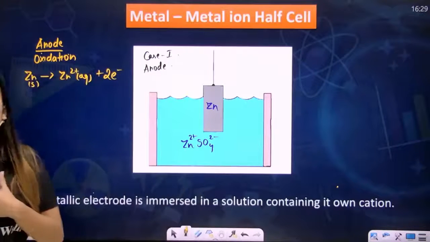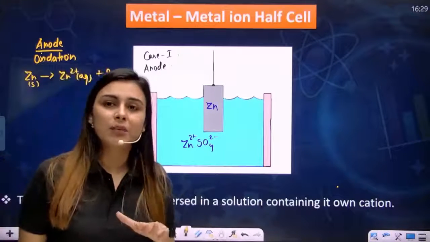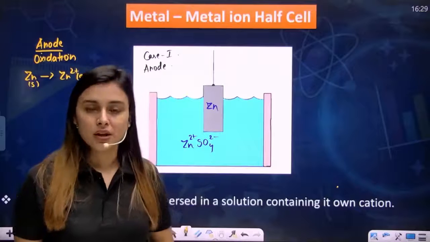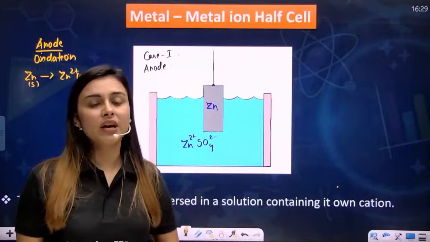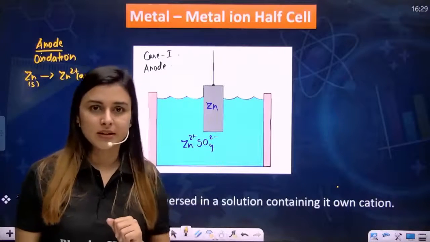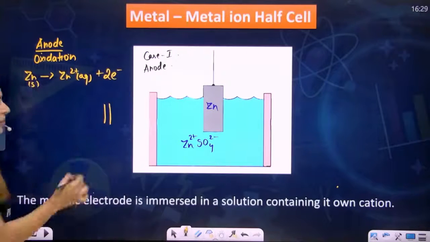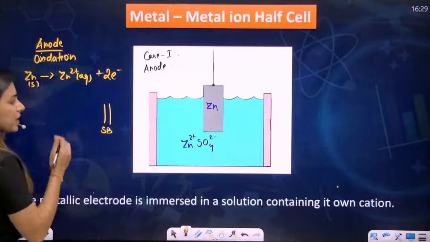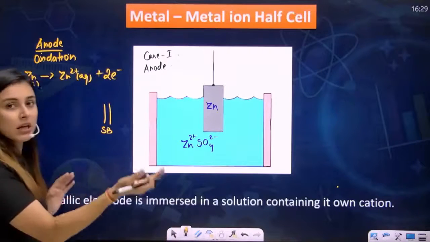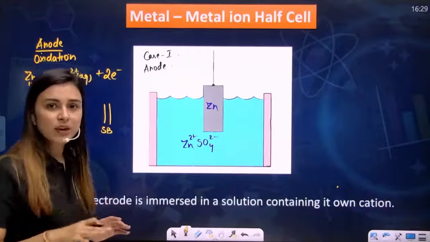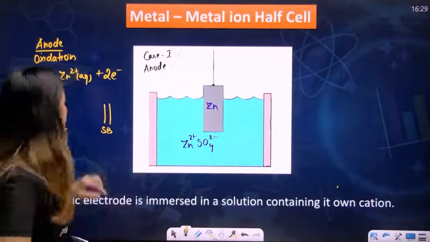Now, if I ask you to only represent the anodic half cell reaction, how are you going to represent it? You can represent it by drawing the double line for the salt bridge. I'll say this is a salt bridge, and then, my dear students, to the left of it, all the anode species will come.